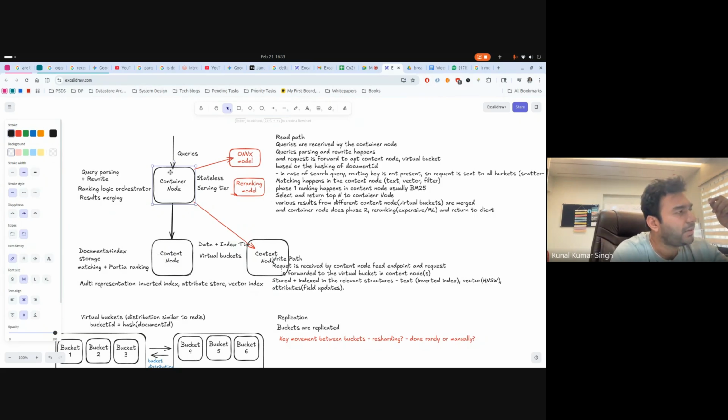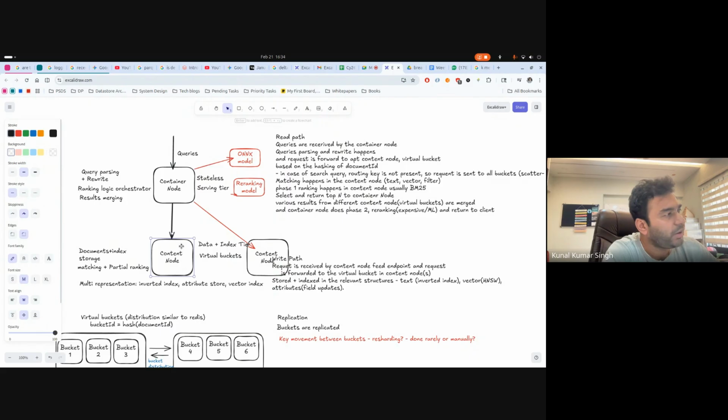Where your document ID, you pass it to a hash function, and the hash function will give you one bucket, and then that document will logically get stored on that bucket. So it gives logical separation. So let's say now you have to move documents from one content node to another content node, the entire bucket moves. It is not document by document movement, it is bucket by bucket movement.